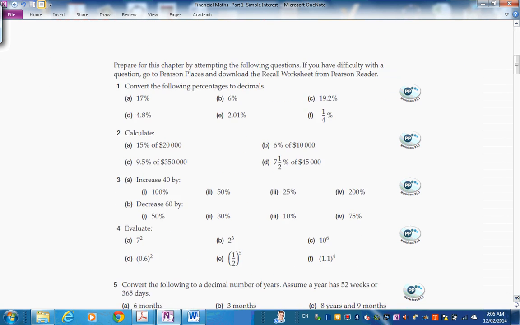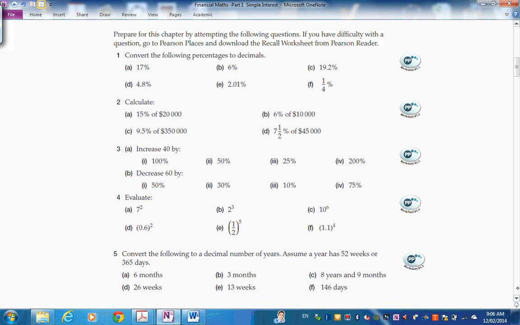So these screen clippings in this presentation are taken from Pearsons, and here's a bit of revision I want you to do, and I'm going to help you remember some of this. The first one is converting the following percentages to decimal. Well, what do percentages mean? Let's say you've got 12%.